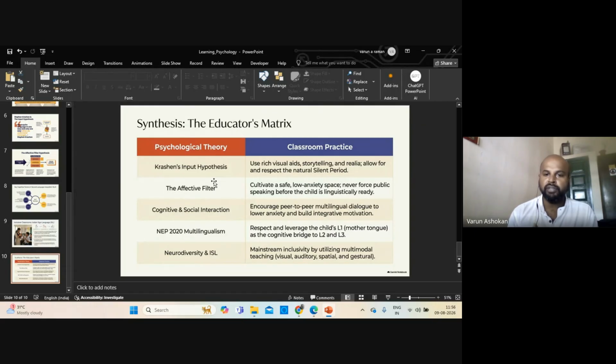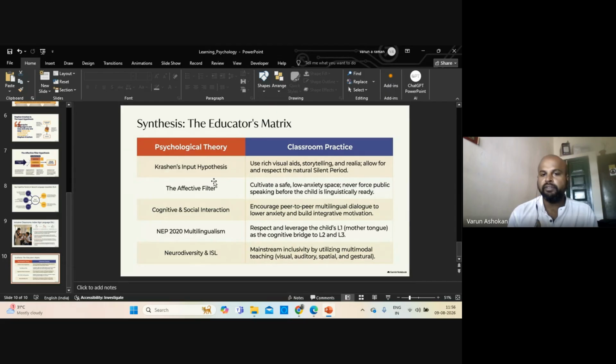NEP 2020 also respects and leverages the child's mother tongue, and has given it importance. Here we have used L1, L2, L3, but NEP 2020 also recommends that till class 5 the mother tongue is very important.